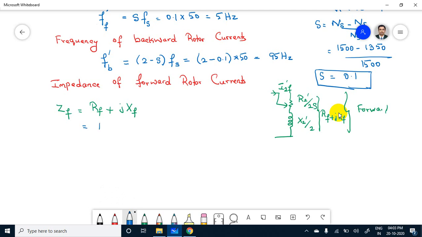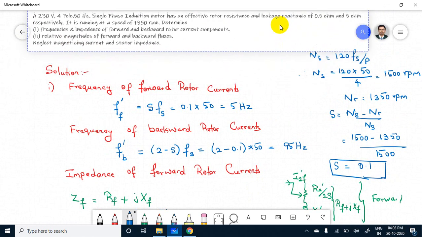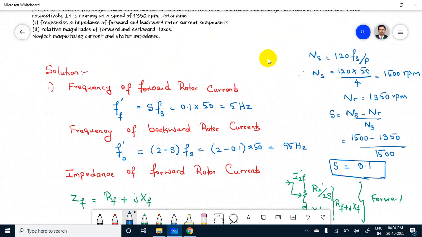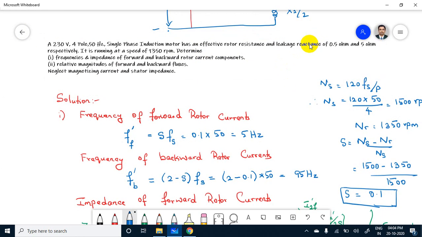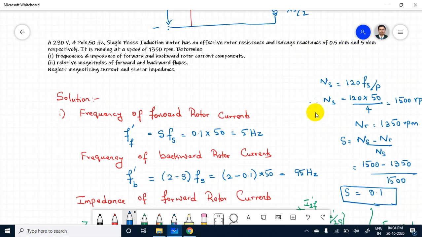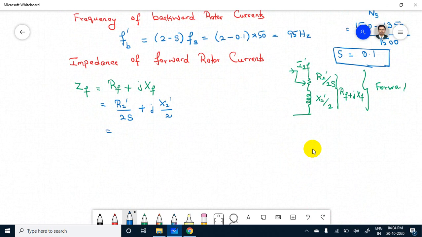R2 dash by 2s plus j into xf, which means x2 dash by 2. Now substitute R2 dash as per our given data, R2 dash is 0.5, x2 dash is 5.